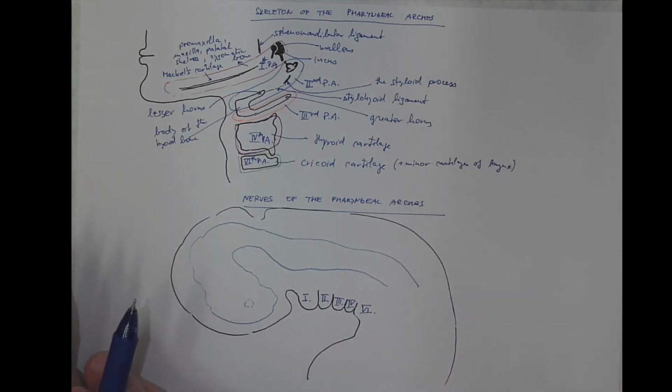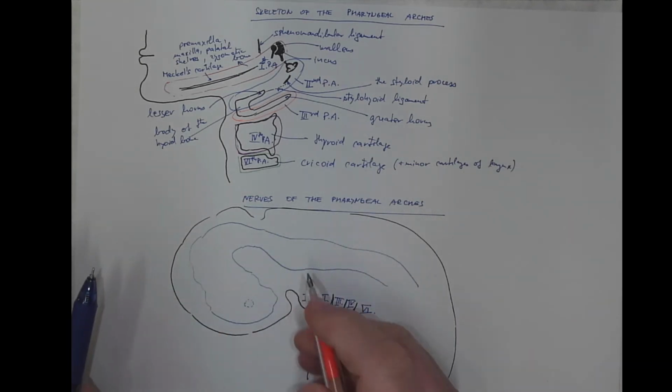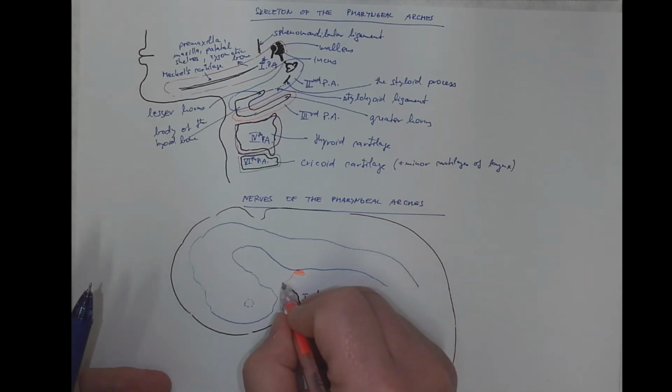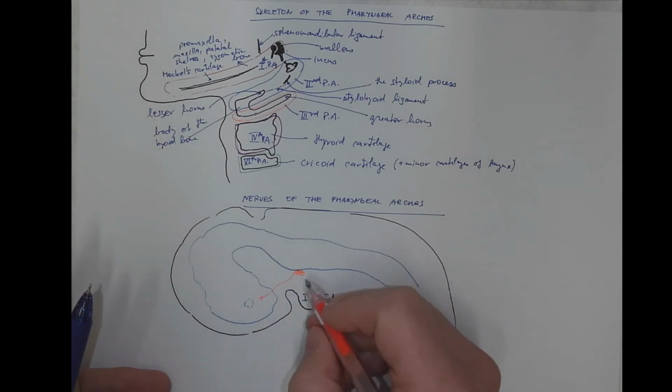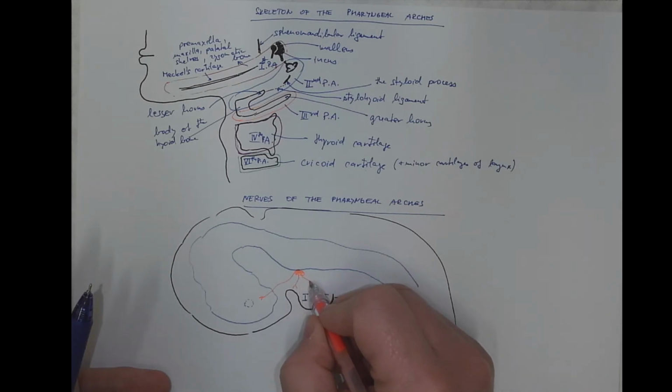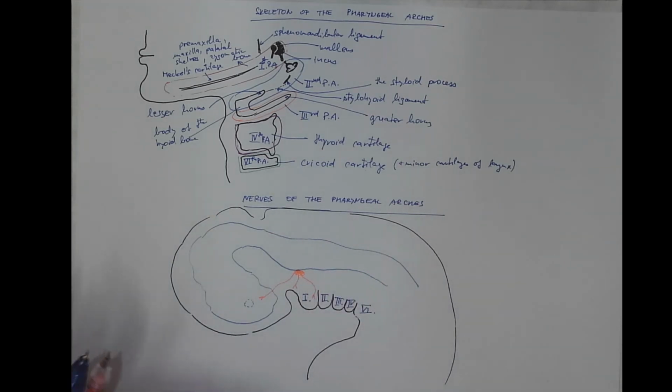For the first arch, it's the trigeminal nerve. Here's the trigeminal ganglion with its three branches: the ophthalmic nerve, the maxillary nerve, and the mandibular nerve.